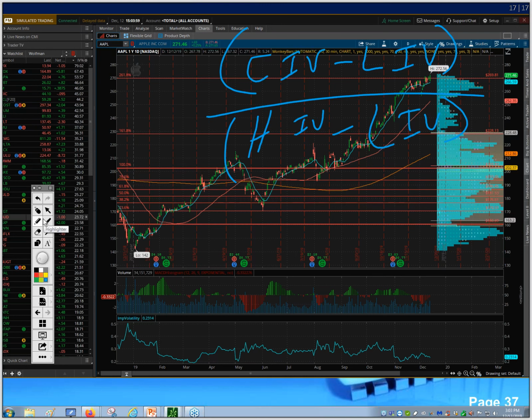The current IV is 23 minus the low, which I think I said was 18. And then we take that and divide it by the high, which is 51 minus 18.